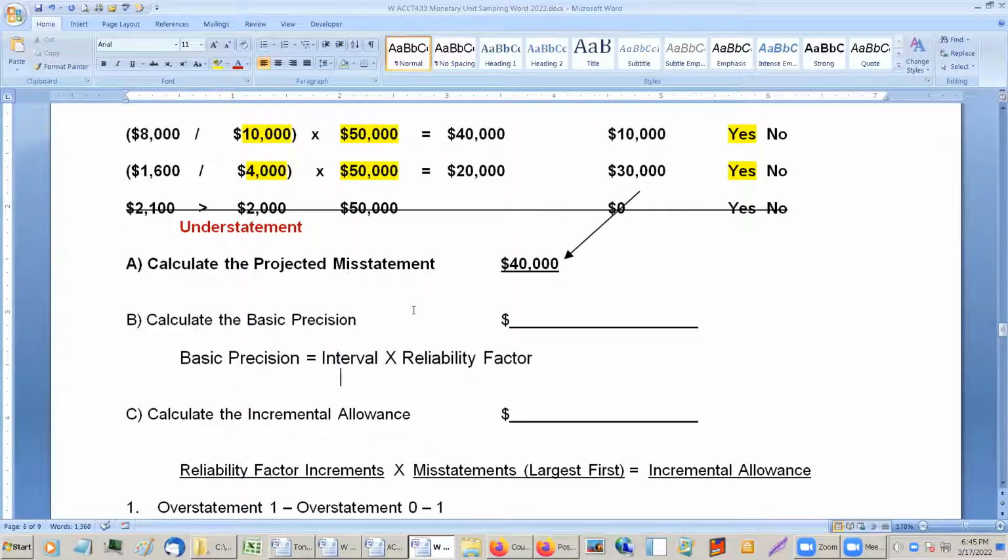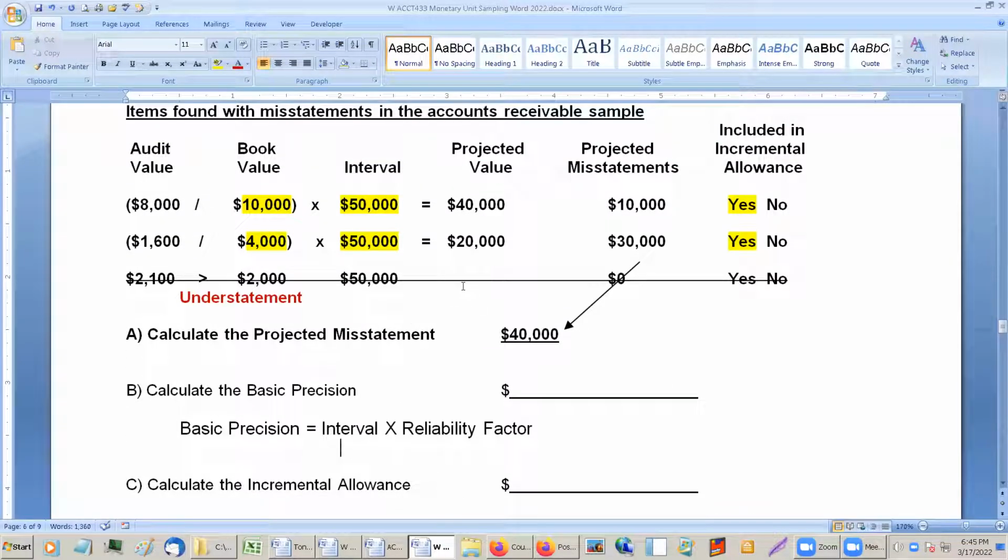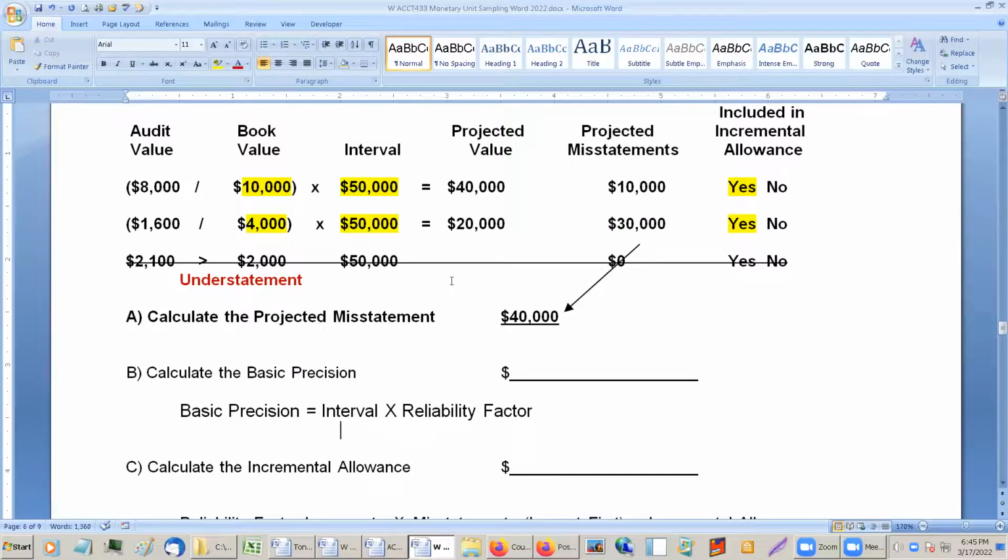Okay, so the interval that we can get from above. What's the interval for this one? 50,000. Yep. So the interval, 50,000.